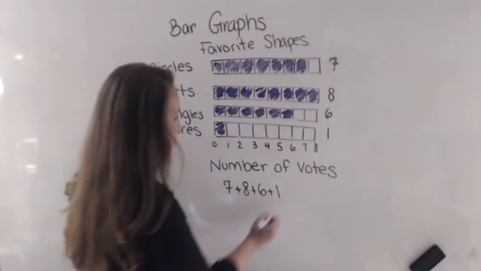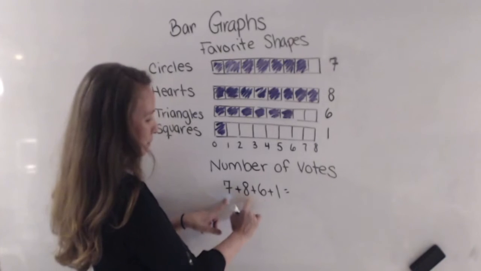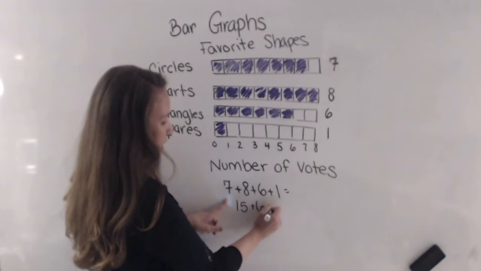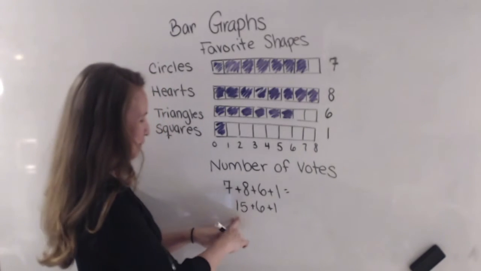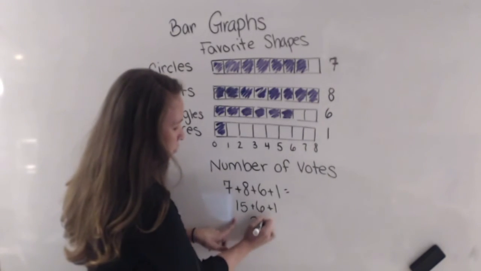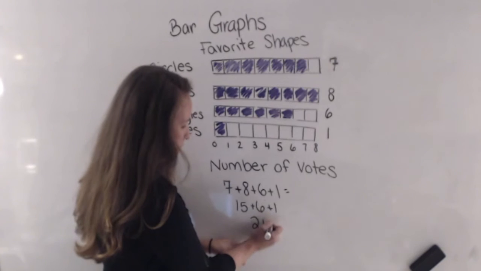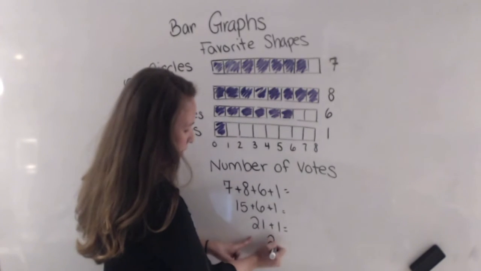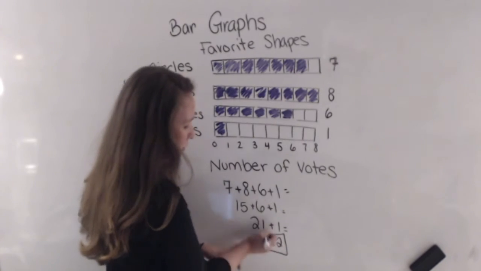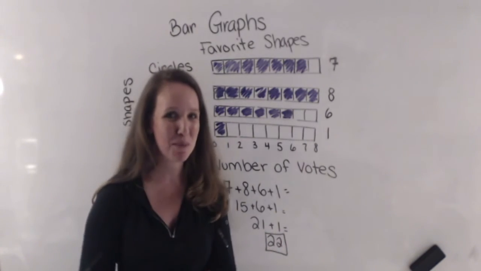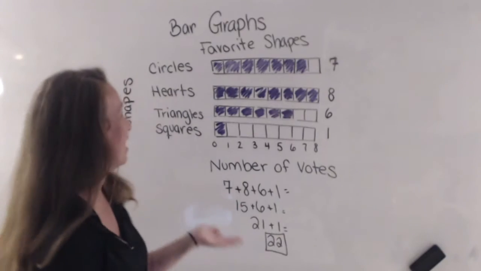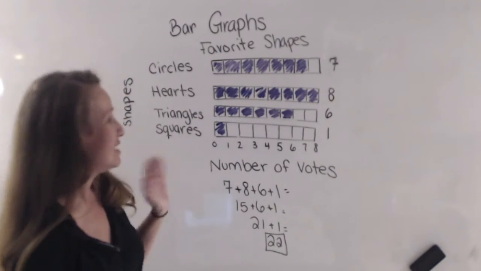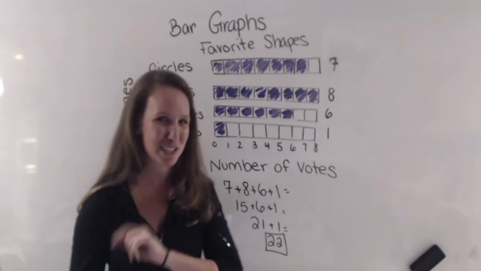And we want to find what that equals. 7 plus 8 is 15, plus 6 plus 1. 15 plus 6 is 21, plus 1. And 21 plus 1 is 22. 22 people voted in all. And that's how we got 8 hearts, 7 circles, 6 triangles, and 1 square.